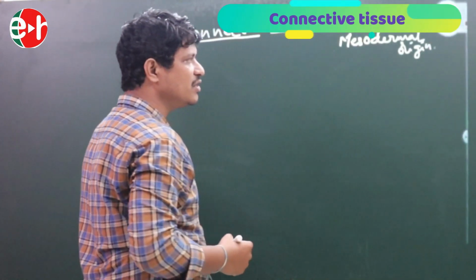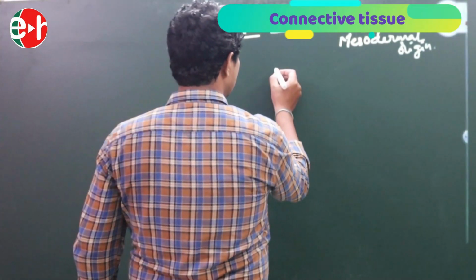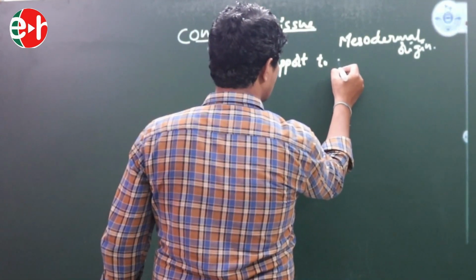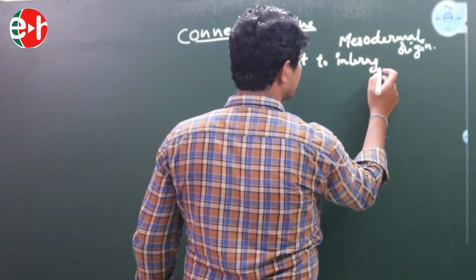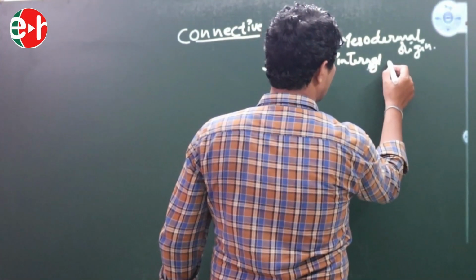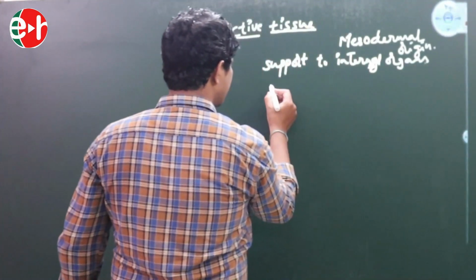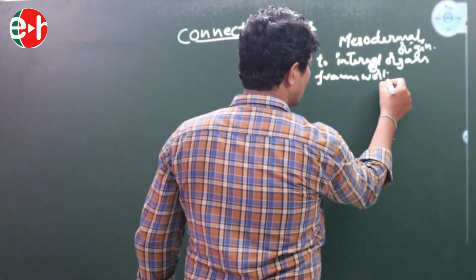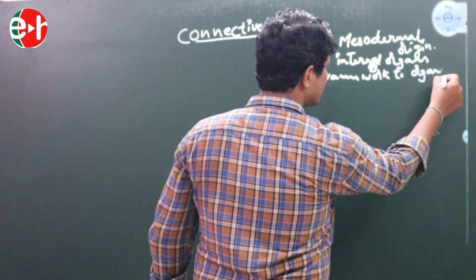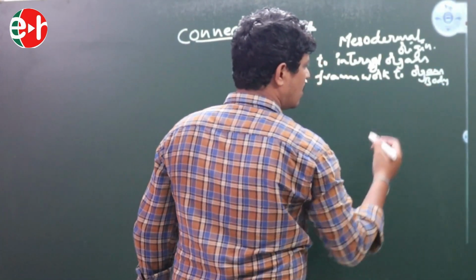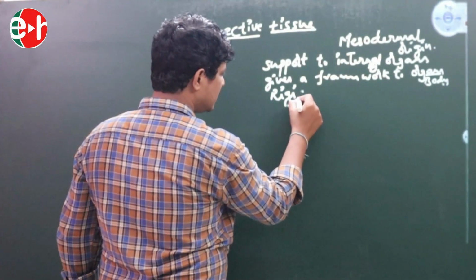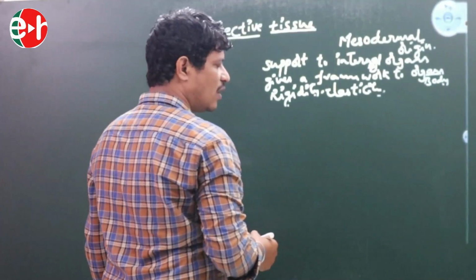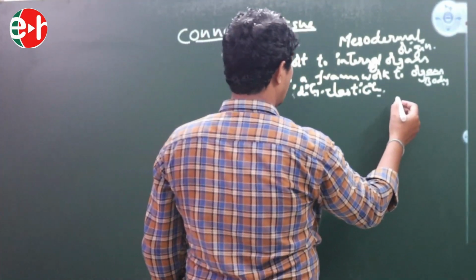The connective tissue is of mesodermal origin, and it gives support to internal organs and gives a framework to the organs or body, and gives rigidity and elasticity in nature, and gives main support.